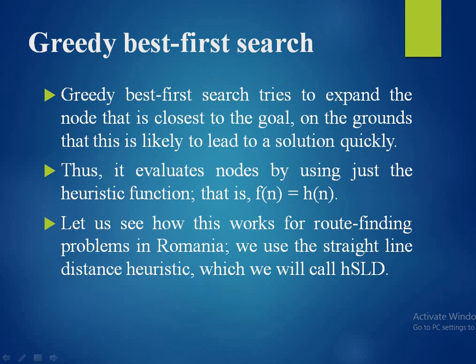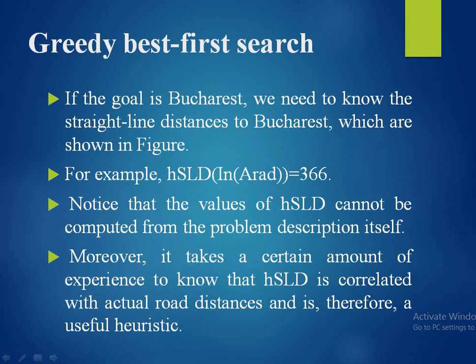So let us see how this works for the route finding problem in Romania. We use the straight line distance heuristic, which we will call hSLD. If the goal is Bucharest, we need to know the straight line distances to Bucharest, which are shown in the next figure.